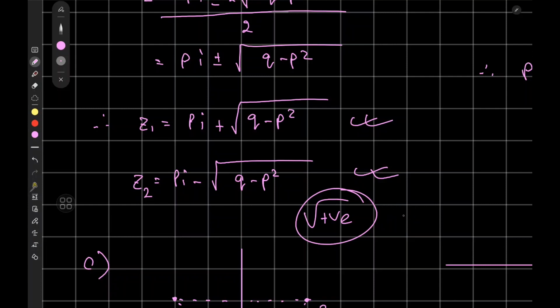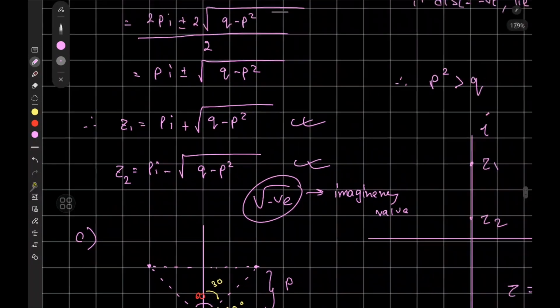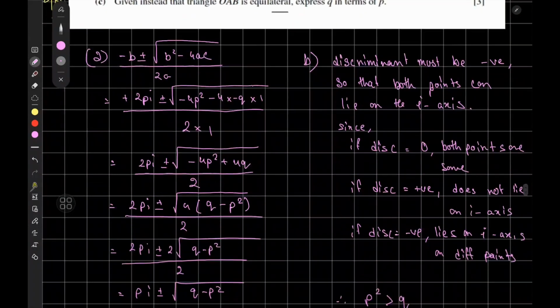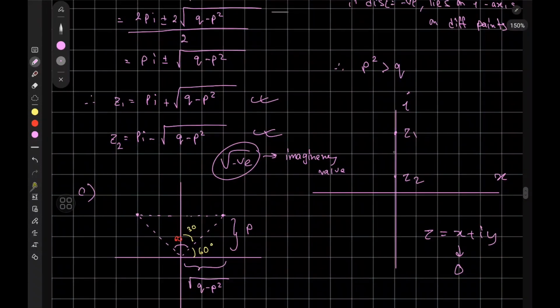After taking the root of the positive value, you're going to get a real value. However, if q minus p square, or the discriminant, is negative, this is going to give you an imaginary value. So if it does give you an imaginary value, then only then this condition is met, that the points are going to lie on the y-axis.